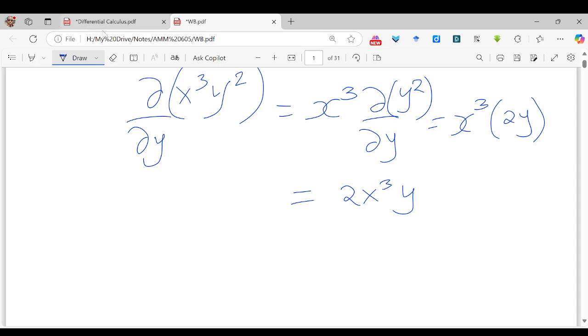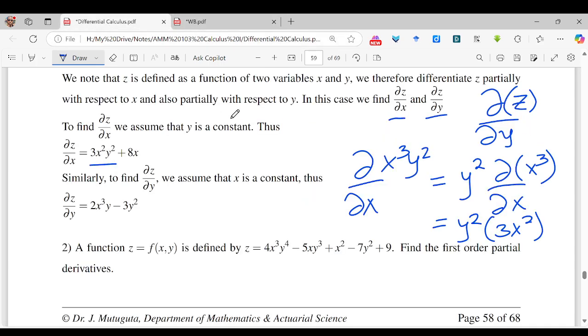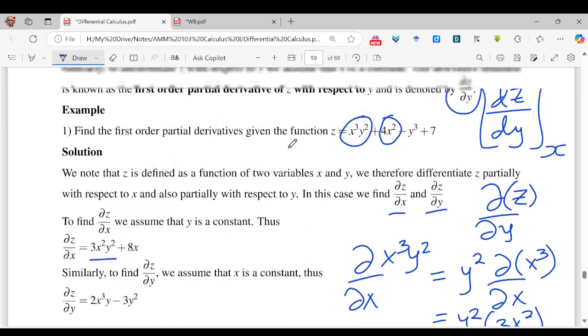If you go to the next term, which is 4x squared, remember we are treating x as a constant. So when we differentiate a constant, we get 0. So the derivative of the second term will give us 0. When we go to the third term, which is minus y cubed, we are differentiating y cubed with respect to y.